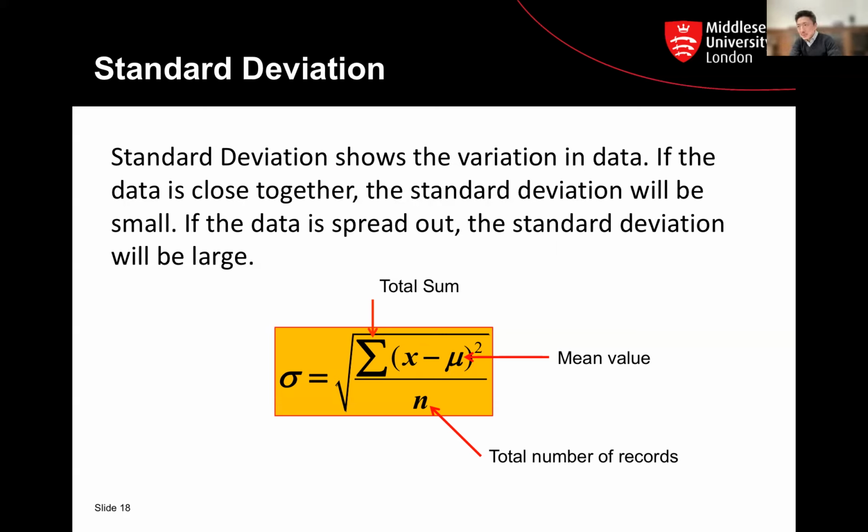And so this is the mean value. So that's the average, where you add all the numbers together and divide by the number of numbers. And then here it says, take all the numbers and calculate their distance to the middle, or the average.